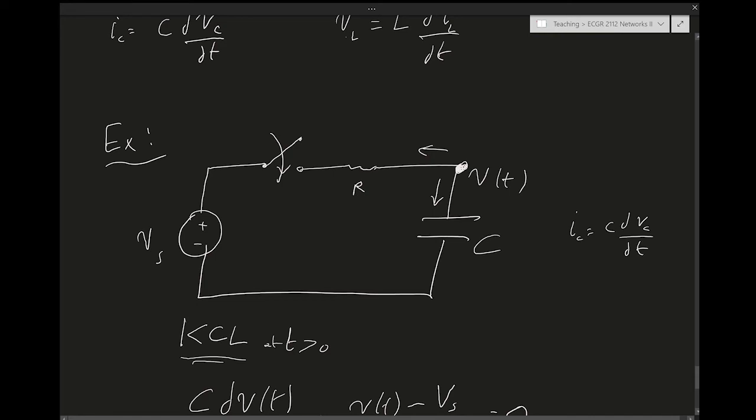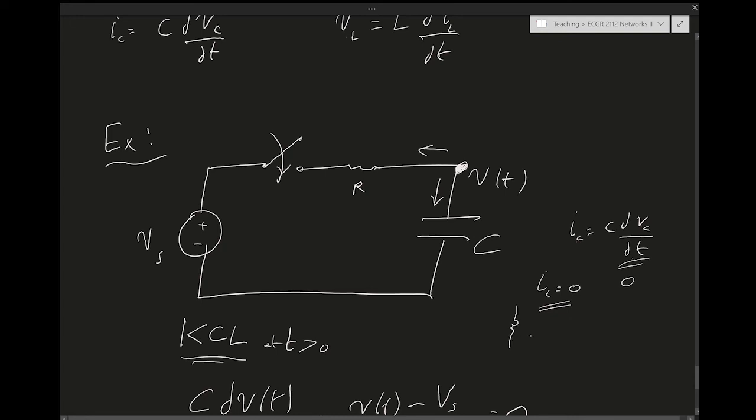A basic property of the capacitor is that at steady state, when everything stops changing, dVc by dt becomes 0. That naturally occurs at steady state. So the capacitor has current 0 at steady state. So the capacitor is naturally an open circuit at steady state. What about the inductor?